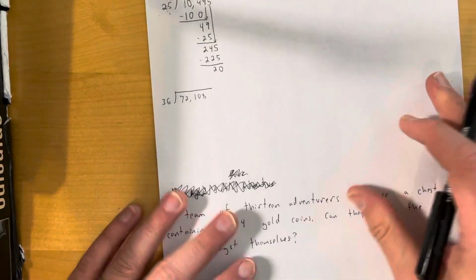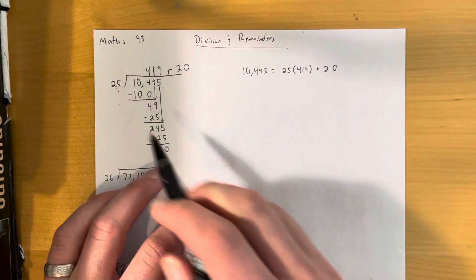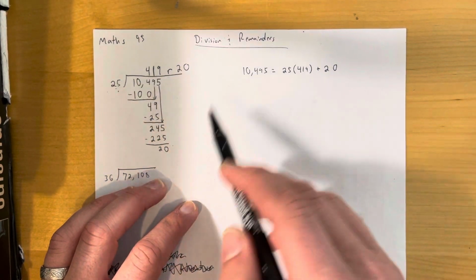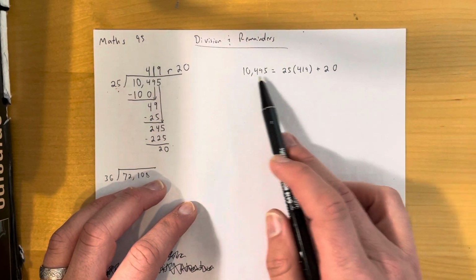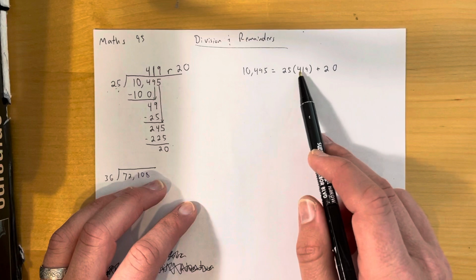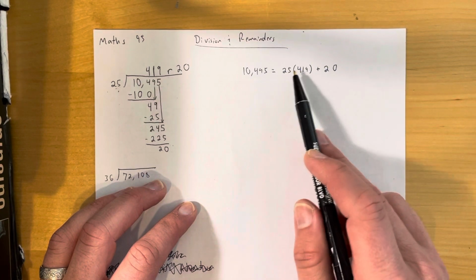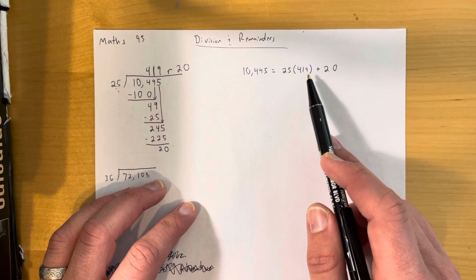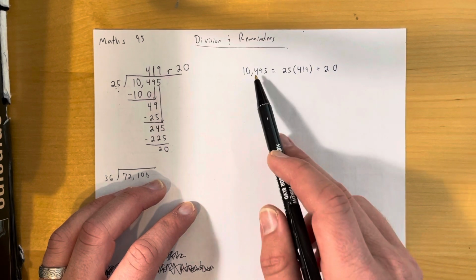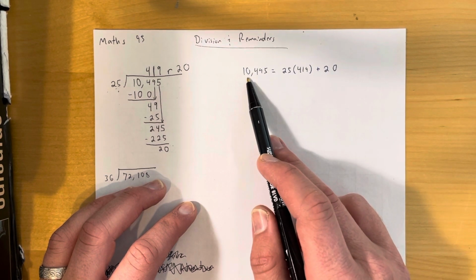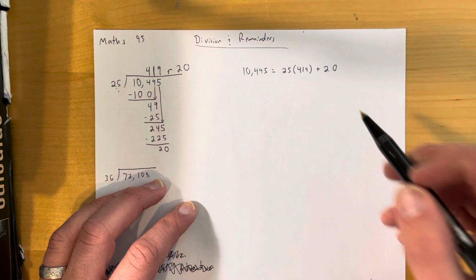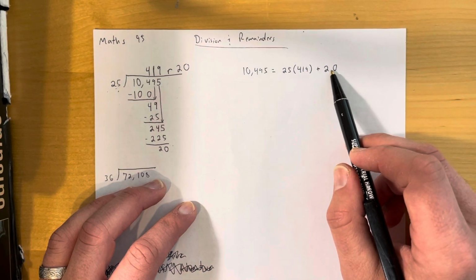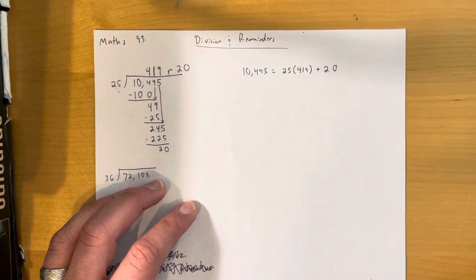So what I'm doing is illustrating what the meaning of these four numbers are in relation to each other. This is basically saying, like we said over here, 25 goes into this number 419 times, but if I did this multiplication, I'm going to come out just a little bit short. I'm not going to fully reach 10,495. I'm going to be off by 20, so adding 20 gets me to that dividend.